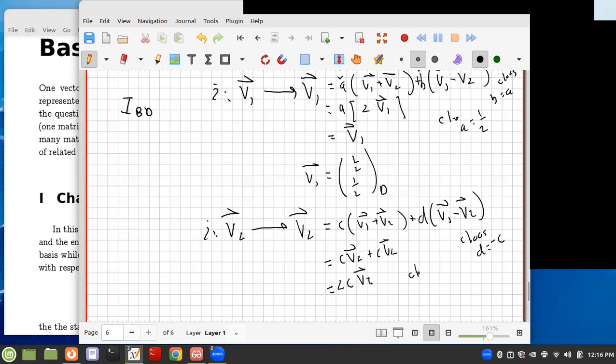So I choose C equal to 1/2, and that means that D equals minus 1/2, which means that V2 equals 1/2, minus 1/2 in basis D.